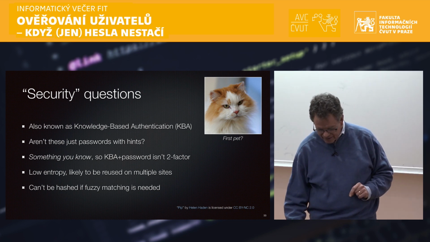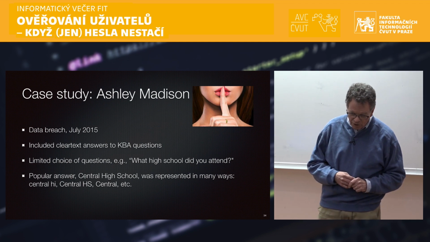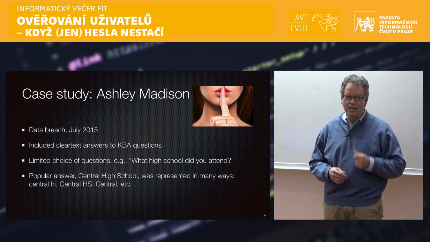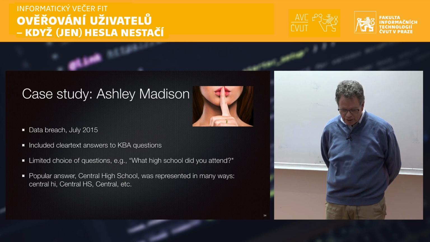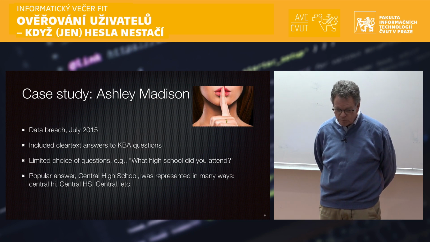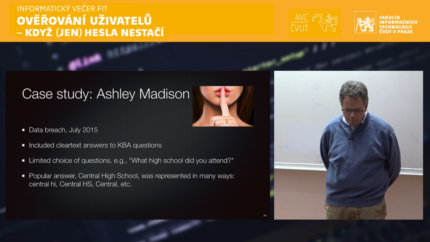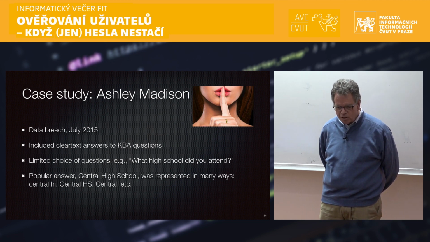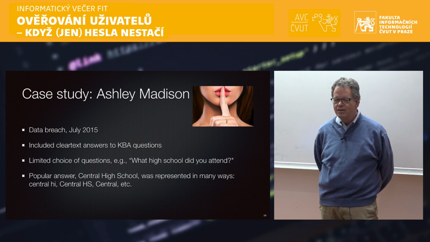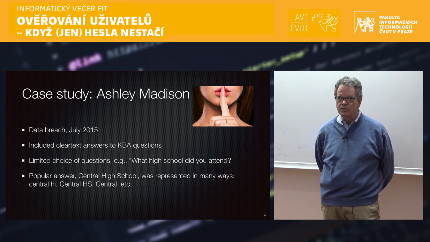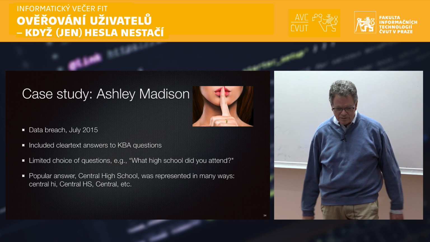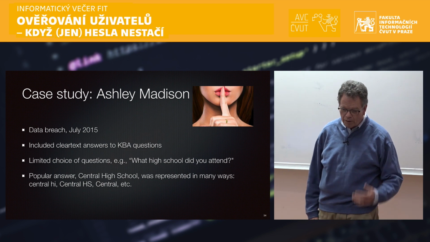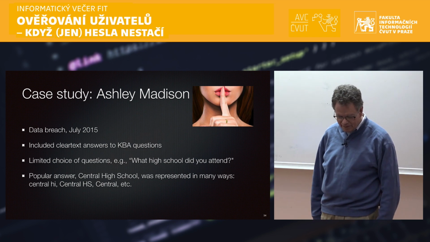So our case study for this is an outfit called Ashley Madison, which was kind of notorious for helping people cheat on their marriages, or claim to be. Their breach included clear text answers to the knowledge-based authentication questions. I think there was a choice of 3 different questions. One of them was, what high school did you attend?